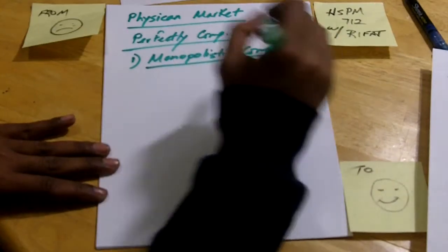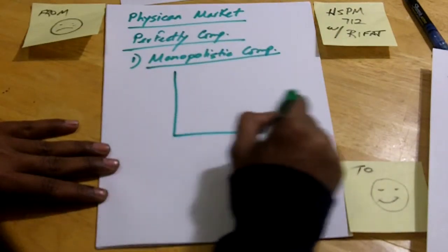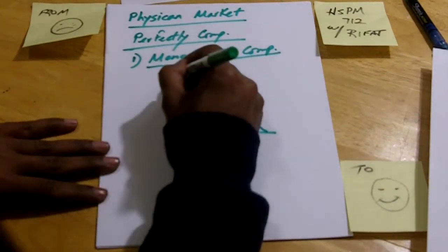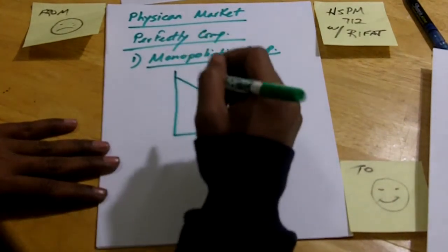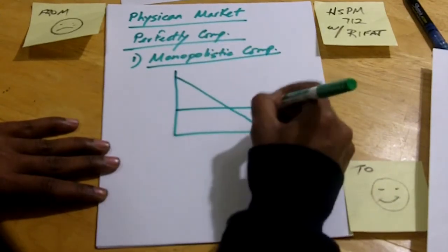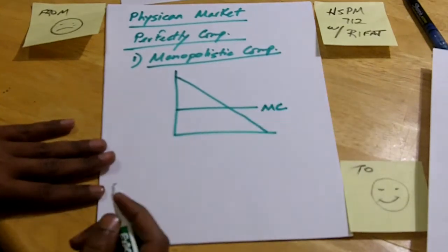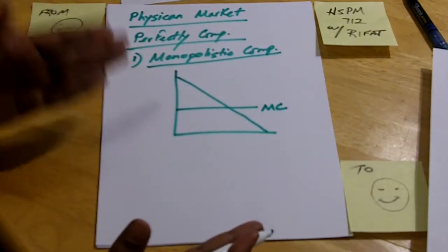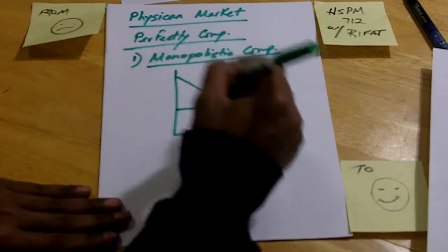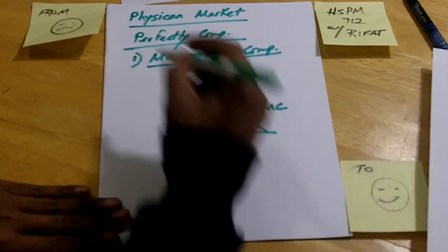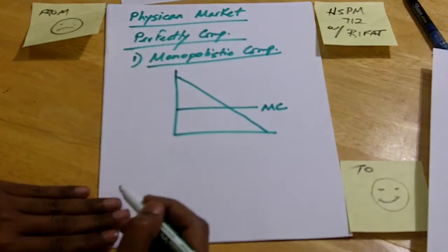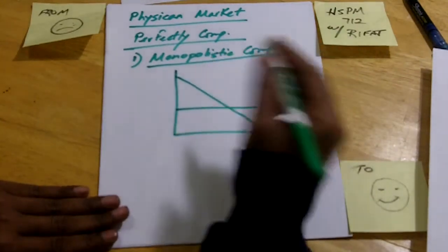So in monopolistic competition, we all know that there is a demand curve, and there is a marginal cost curve. Marginal cost, you know all about it, is the additional cost for producing an additional consultation here. And then there is the marginal revenue curve.